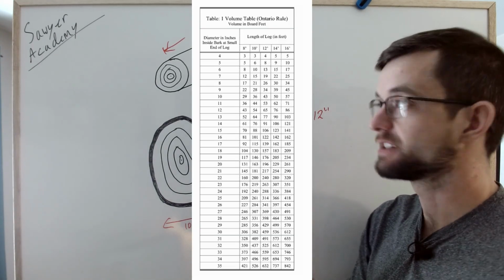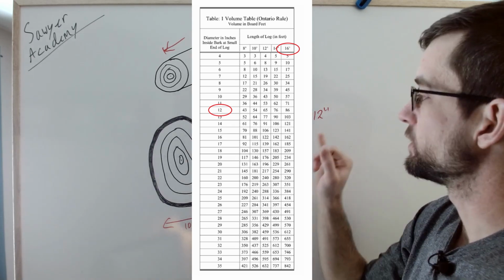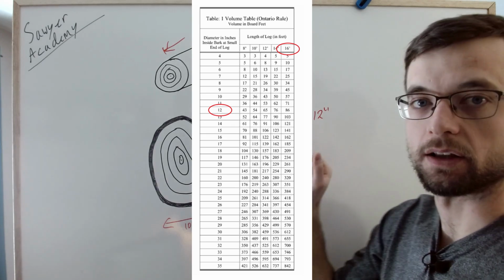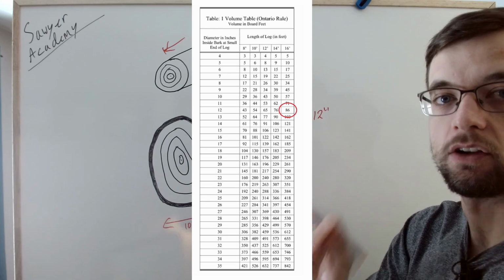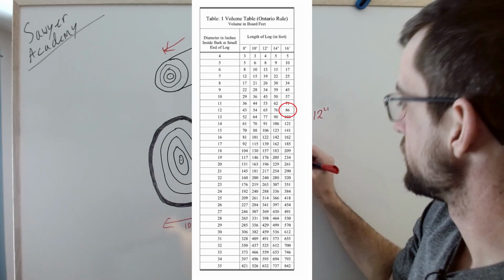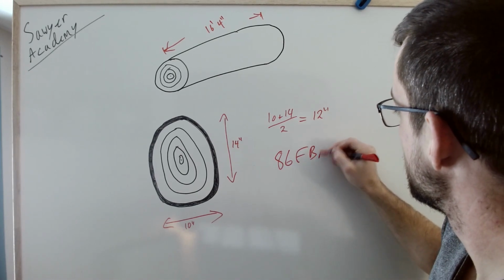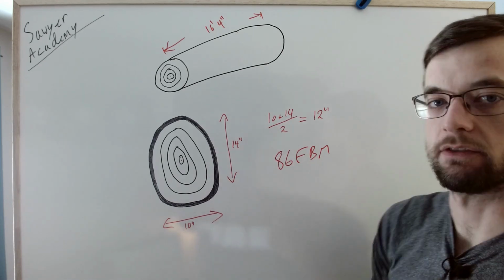We're going to cross-reference 16-foot logs, so we're going to be using the nominal measurement. As well, we're going to find on that table the 12-inch column or row. And from that, we're going to get our volume of this log, which in this case is going to be 86 board feet from this 12-inch 16-foot log.